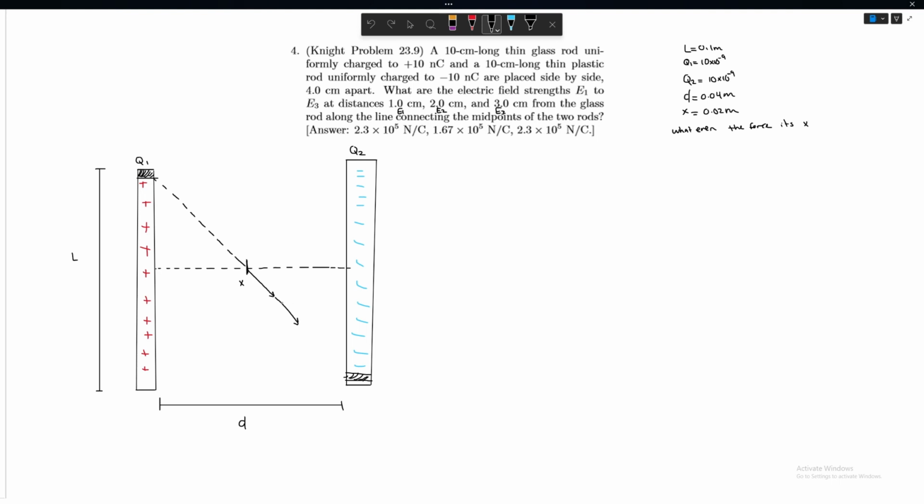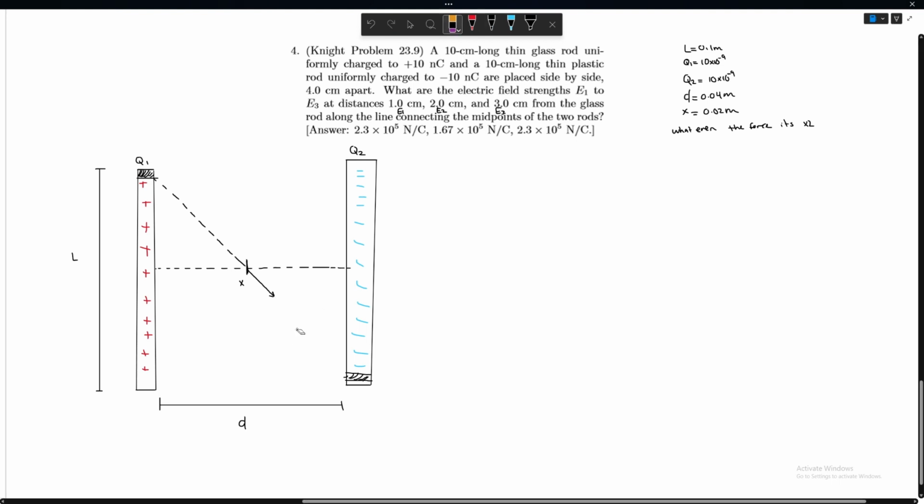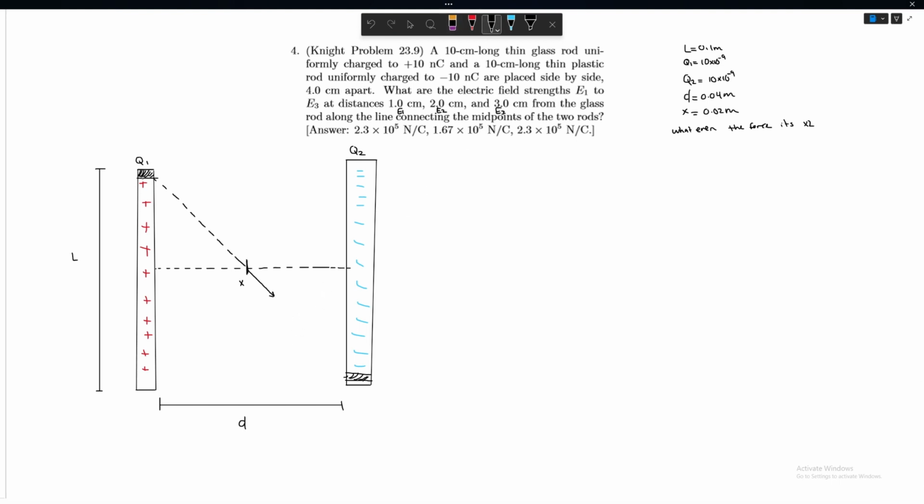Now, when this pulls it, so, oops. Now, let's remove this. When this rod pushes the electric field this way here, right, it has an X and it has a Y. Now, when this pushes on it that way, it also has an X and it has a Y. The X's all go in this direction, as we can see, but the Y's, one goes up, one goes down, so it cancels out.